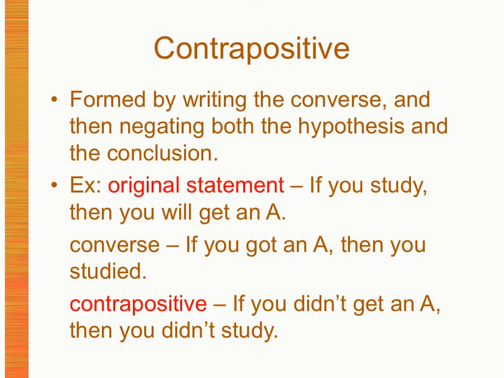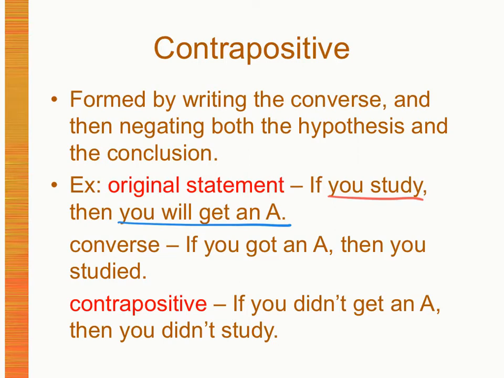Longest word, and it has the most work to it, contrapositive. And this is going to be formed by writing the converse and then negating both the hypothesis and the conclusion. So again, my original statement, if you study, then you will get an A. So here is my hypothesis again, here is my conclusion.